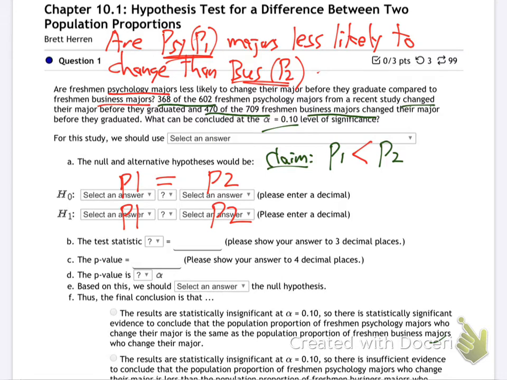H0 is always equal. What's H1 going to be? Less than, because one of them has to match the claim, huh? And we'll write claim next to that one. And how do you think the evidence is going to go? Same way it always goes. Weak evidence for the H0, strong evidence for the H1. That's what you're going to write on tonight's test, for your H0 and H1. That continues to be the same.